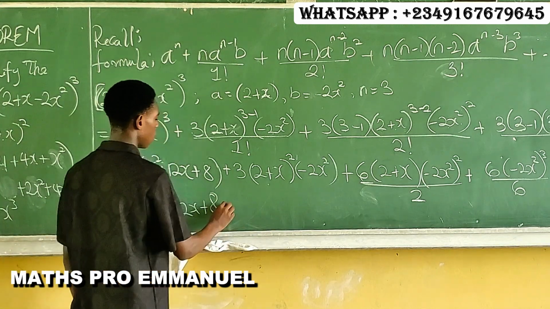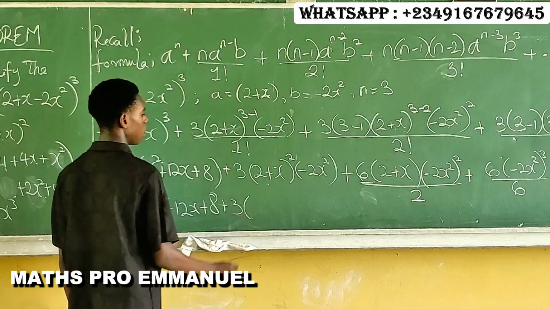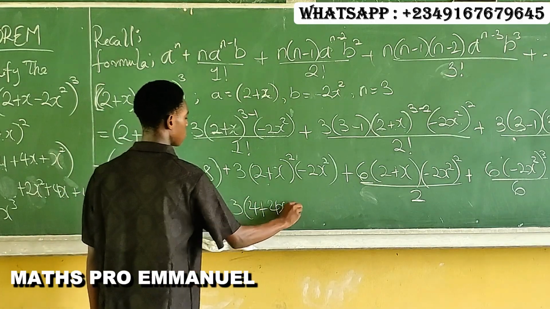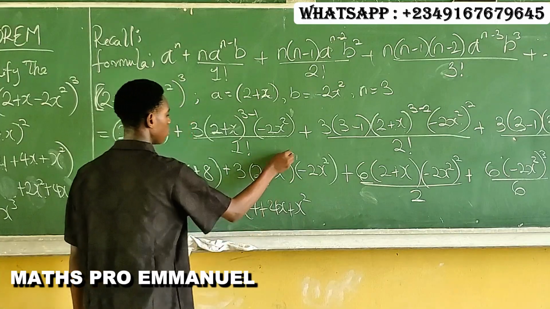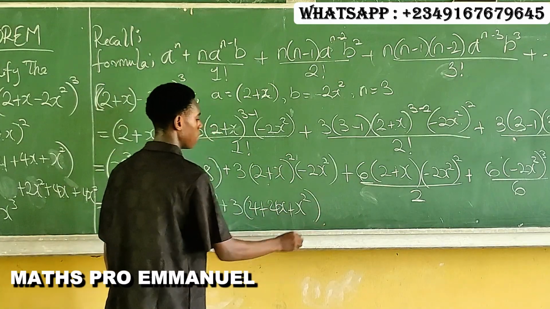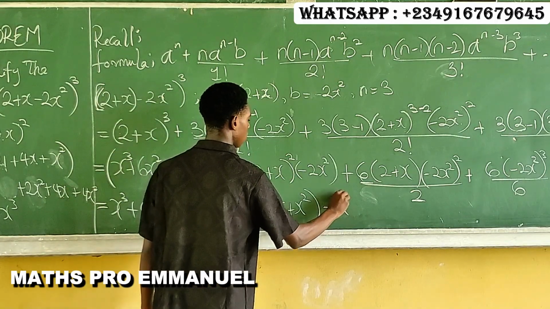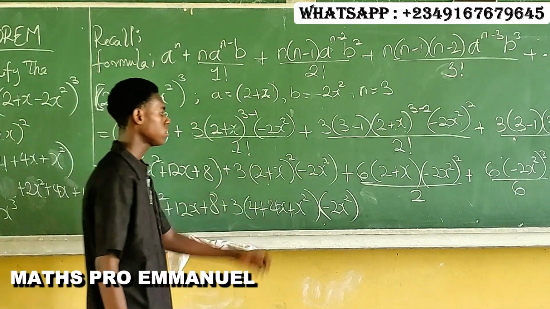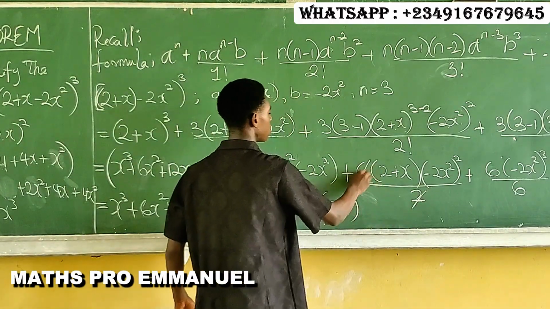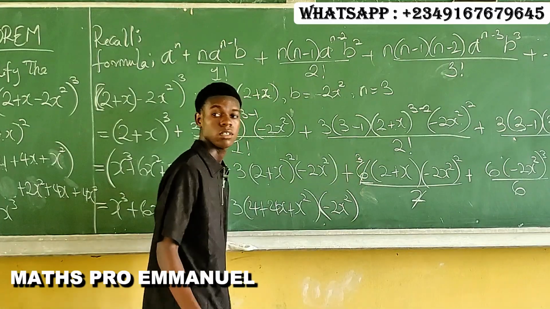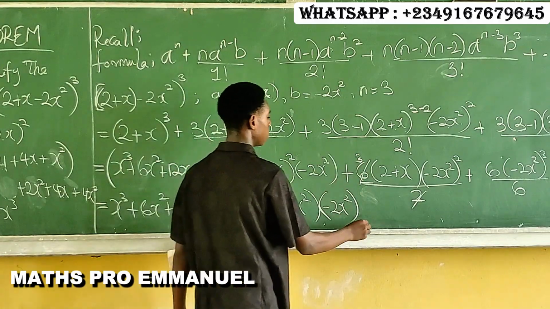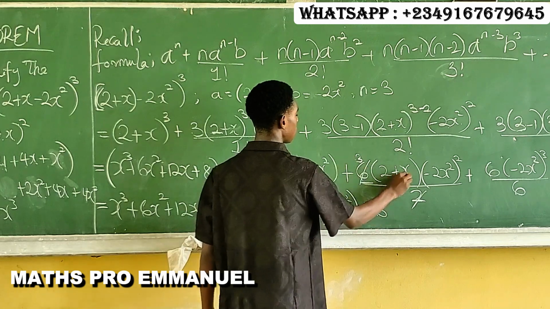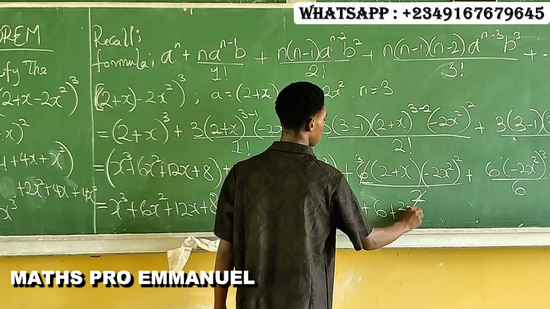Now let me expand this. I'll have 3 to be multiplied by 4 plus 4x plus x squared. That's the expansion of this. And this is now multiplied by minus 2x squared. If you expand this, and this is 2 we're going to see how many times? 3 times. Right? Then I'll have 3 to be multiplied by 3 times this, I'll have 6. Then 3 times this, I'll have 3x.